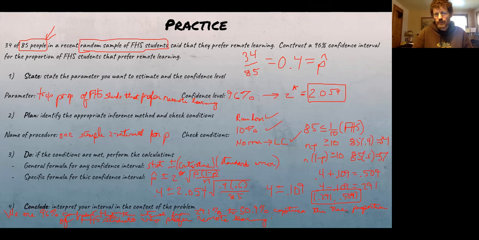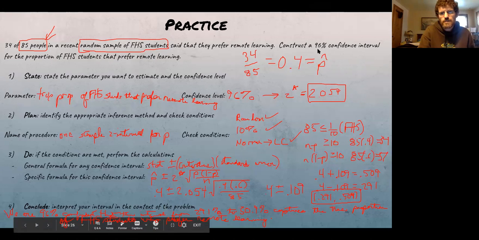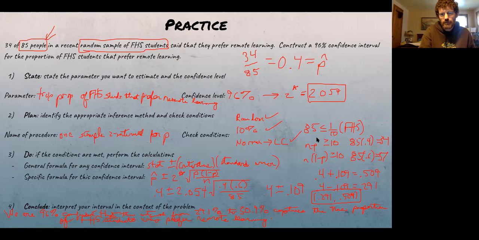And the takeaway from this, looking at our confidence interval, at a 96% confidence level, we cannot rule out the fact that a majority want to, because look, we go from 29.1% to 50.9%. We cross that 50% barrier. And so theoretically, there could be a majority of people who actually prefer online remote learning.